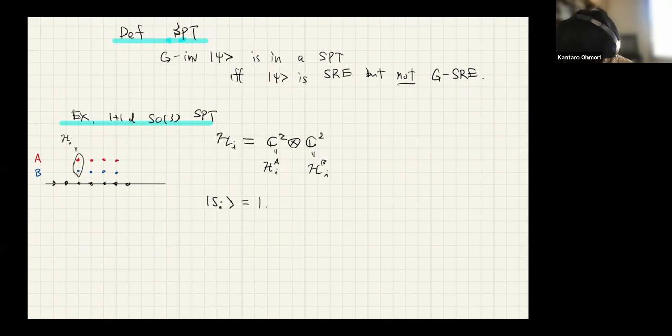So Si is, let me write first: up state in the B qubit of I, and down of the A qubit in I plus 1, minus IB down, up state I plus 1 A. Okay.